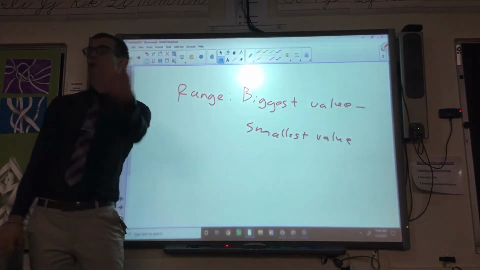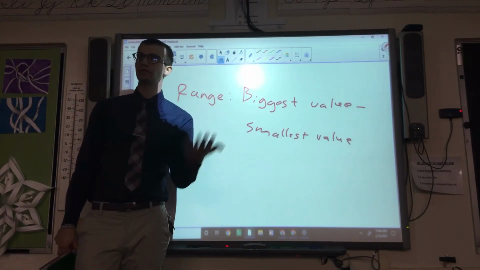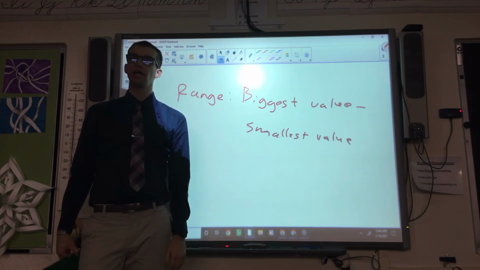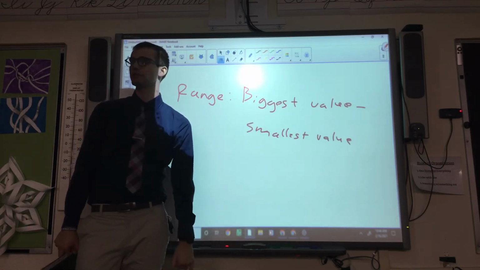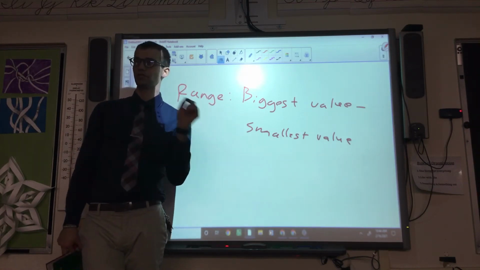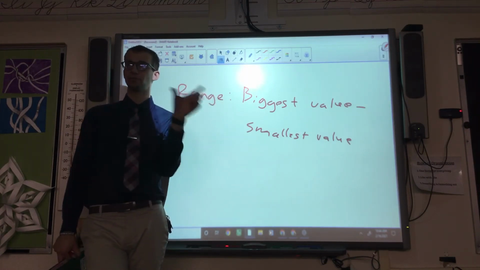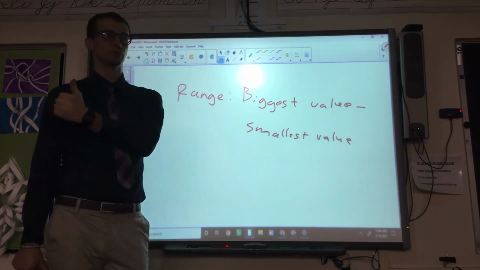So let's say we are talking about what reading percentile you're in. If the highest person in this class is at 99th percentile, and the lowest person in this class is at 30th percentile, 99 minus 30 means there's a 69% gap between the person with the highest reading percentage and the person with the lowest.